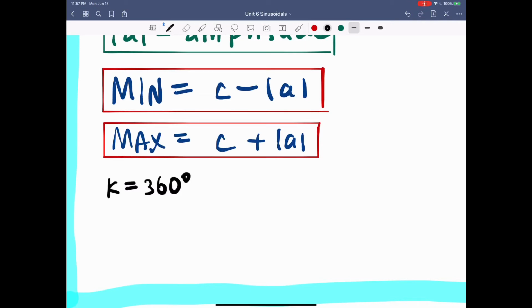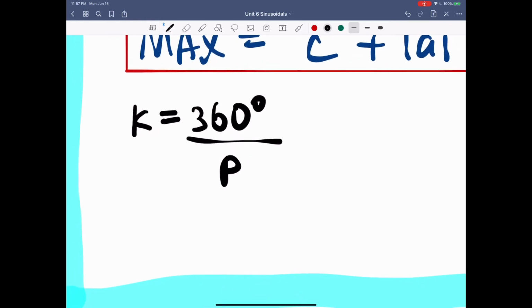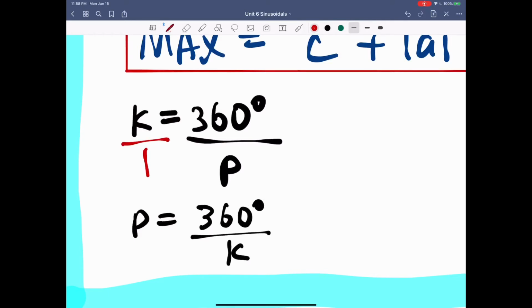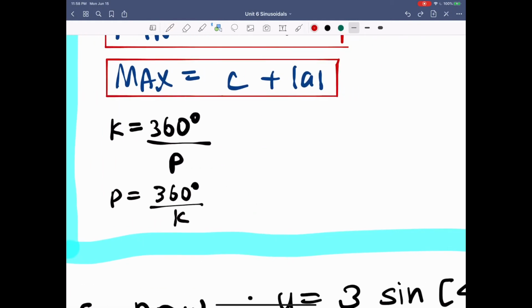In order to find K, you're going to divide 360 by the period of this new function, and you're going to be able to get the K. Algebraically, how do you solve for P if you know K this time? P is equal to 360 divided by K. Why is that? Simply by cross multiplying and switching their spots. I won't show that, but these are the two versions to work with for getting the K or the P.